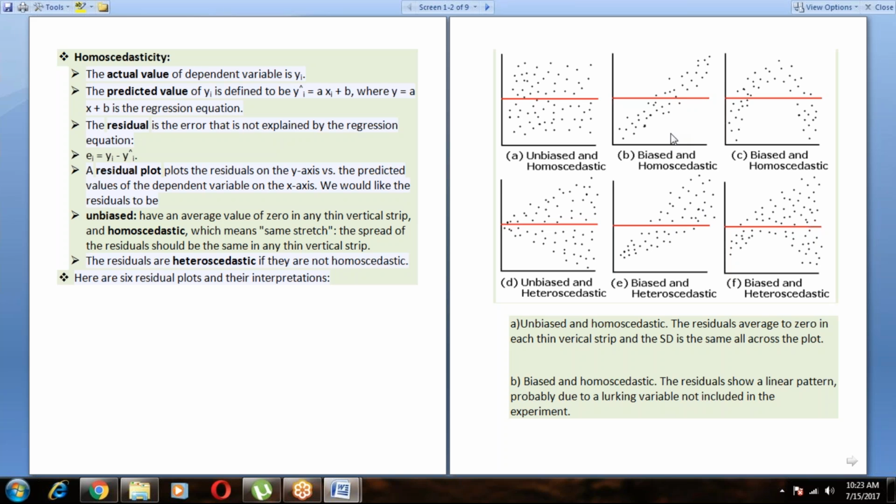But here, compared with this one, it has a pattern and the variance is continuously increasing. Next, this one is also following a pattern, and here also the variance is increasing. So these 3 are examples of heteroscedastic, and these 3 are examples of homoscedastic.